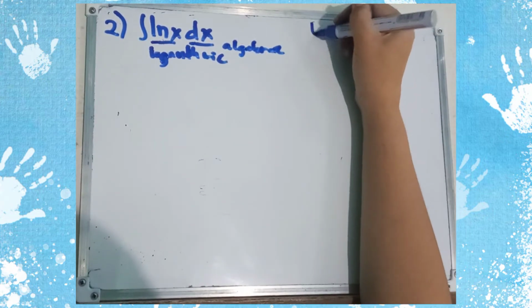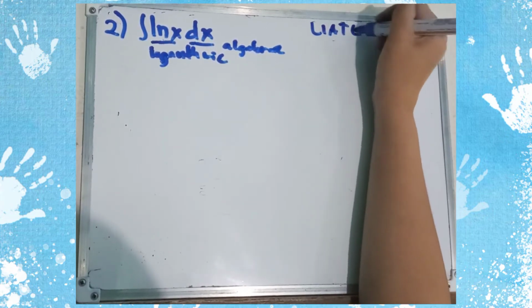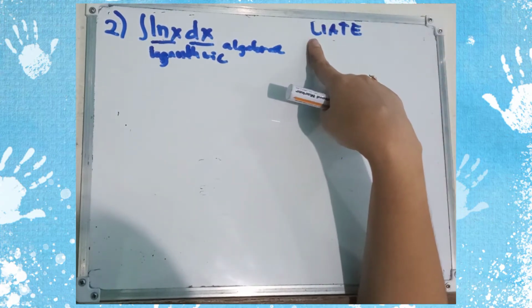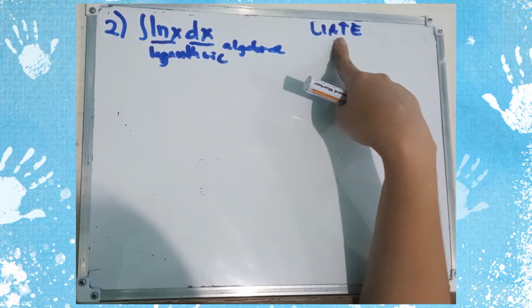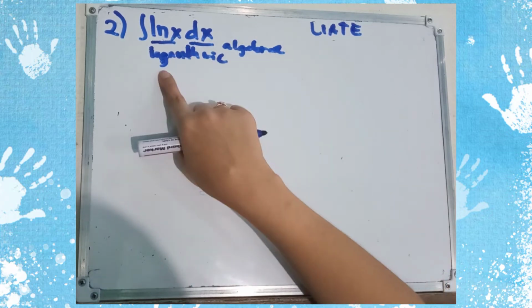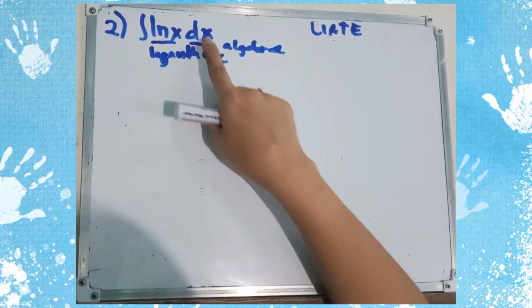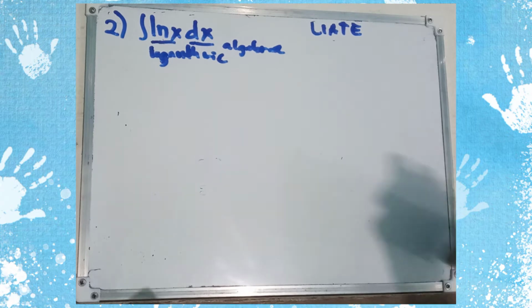Based on LIATE, our acronym, logarithmic comes first before algebraic. So ln x will be our u, then dx will be our dv.